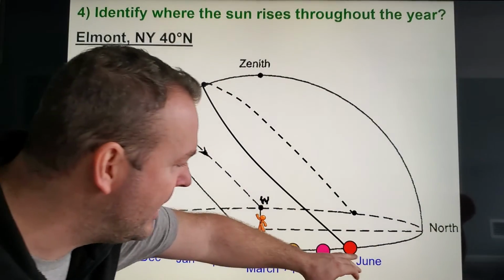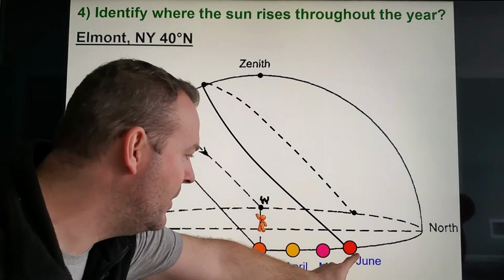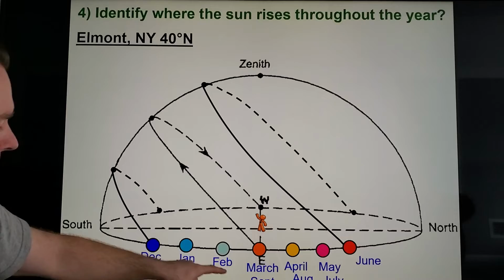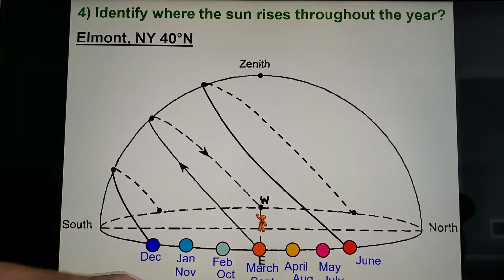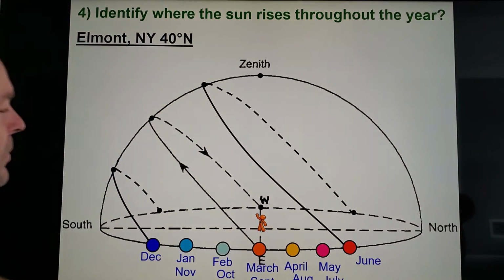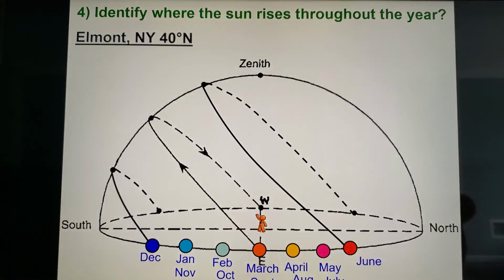Right now, the sun was at its highest point. Now it starts to get lower again and head back towards winter. So here we go. July, August, September, October, November, and of course back to December. And a lot of students don't realize that this path is going to repeat twice throughout the year, and that's why it's diurnal, right? Di meaning 2.